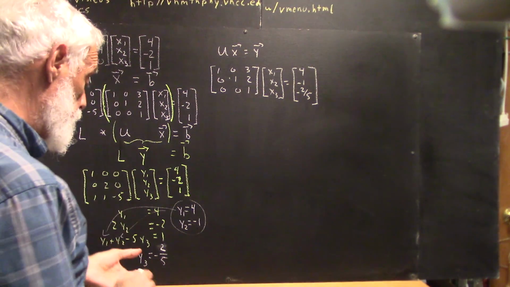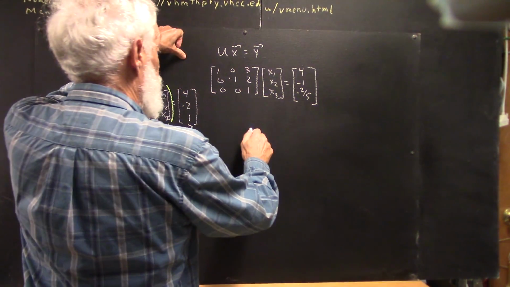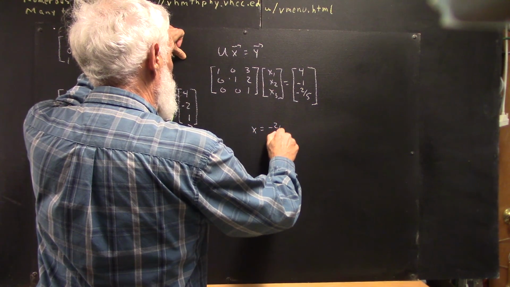How do we get this? Well, we can write out this system. This tells us that x3 is negative 2/5.